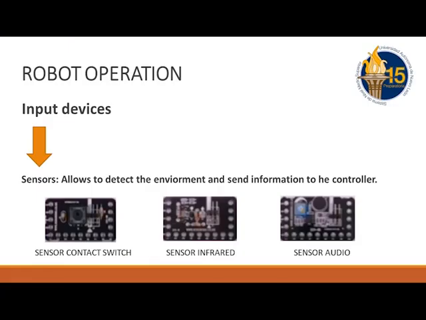The operation of a robot is mainly made up of input devices, which are the sensors that detect the environment and send information to the controller, like the contact switch sensor, the infrared sensor, and the audio sensor.